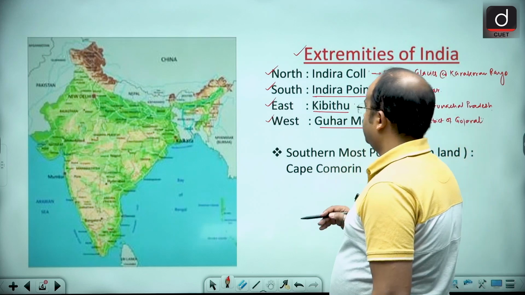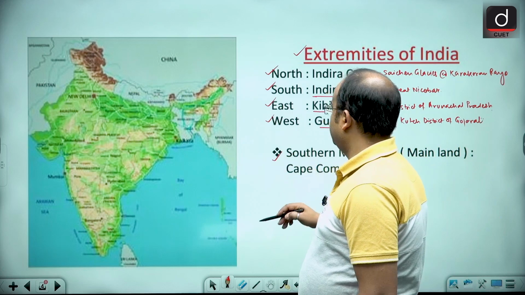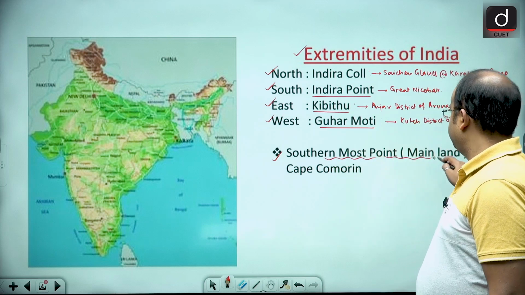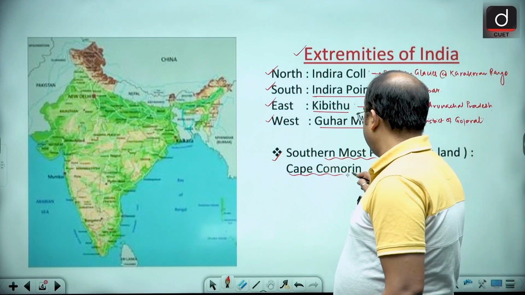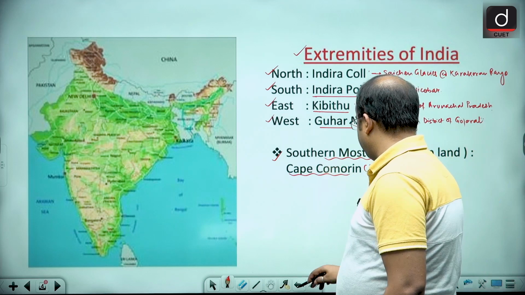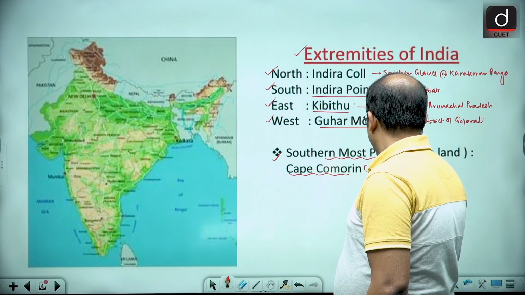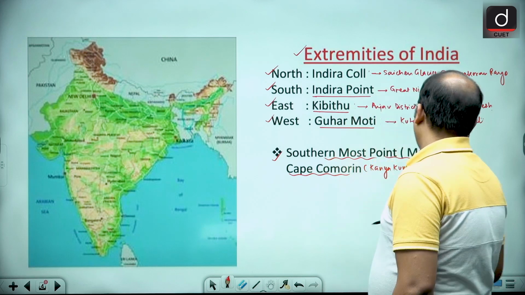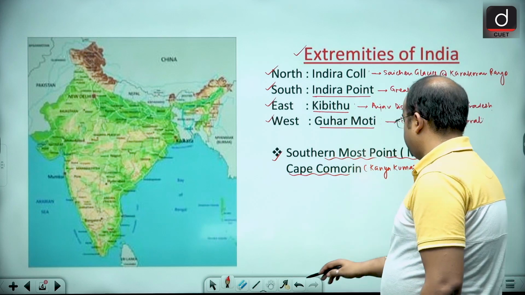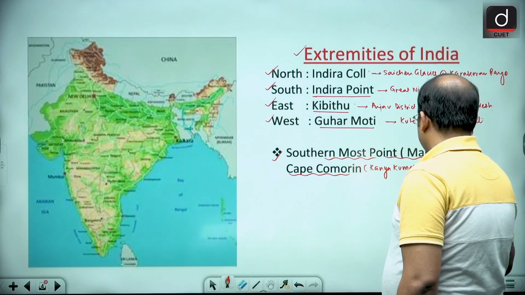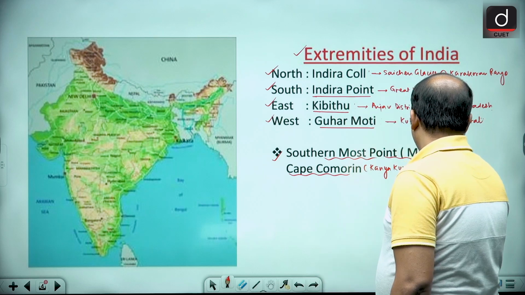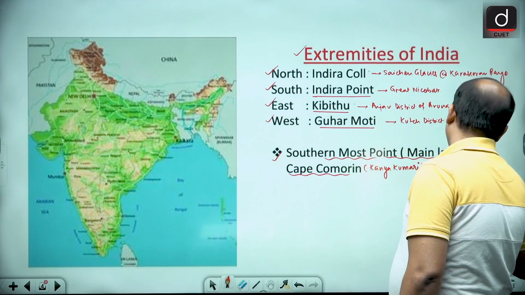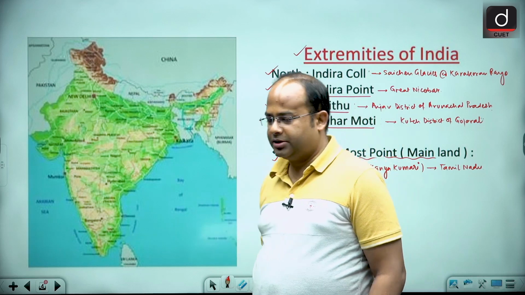And the southernmost point of the mainland of India is Cape Comorin, that is called Kanyakumari. This is in Tamil Nadu.